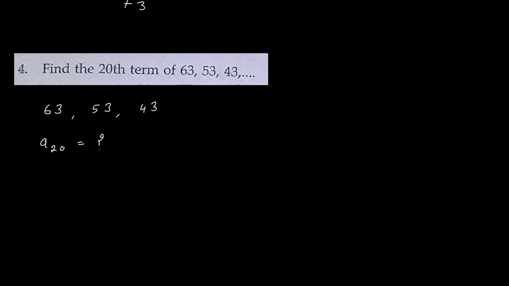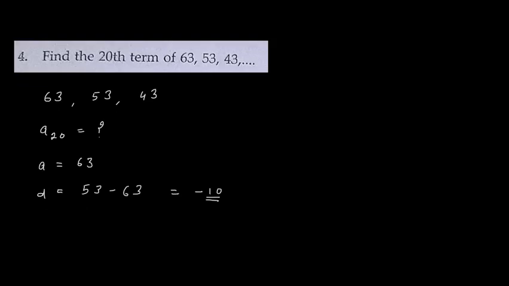Now you can see here that your first term A is 63 and your common difference D is 53 minus 63, second term minus first term, which gives you minus 10. So you have the value of A, you have the value of D, you have to find A20.